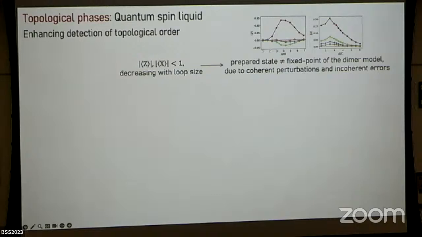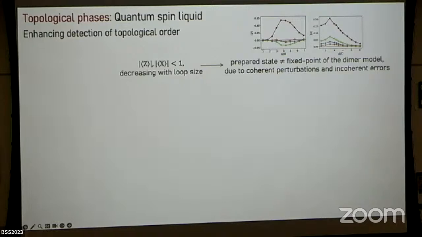So even in the theory, the expectation values don't go up to 1, which, going back to your question, means that these X and Z operators that we're defining are not exactly the Z and X operators for that model. And this, I would say, is still an open question. We don't know how to define the proper operators that actually should have plus and minus 1 expectation values. But it's a mixture of these 2 things. We're not in the fixed point, but also we have incoherent errors.